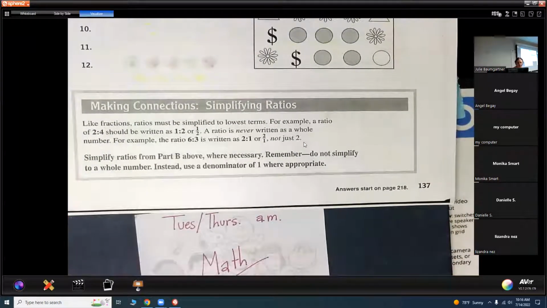All right. So like what I was just talking about with Camden a little bit, because ratios are in fraction form, you can reduce them like fractions as well.